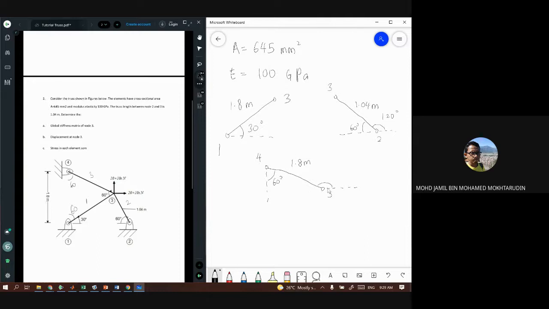Okay, so this angle, so this is 90 degree, and so this is 30 degree. So the angle made by node number 3 is 150 degree. Then you have all the angles and the length.